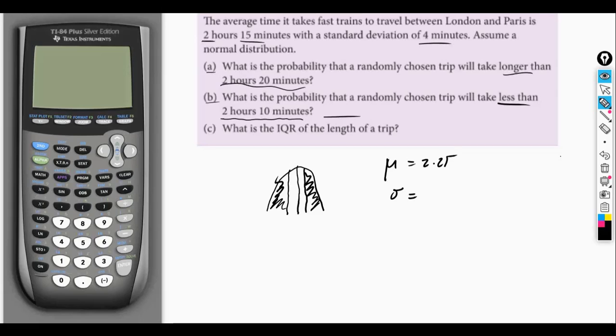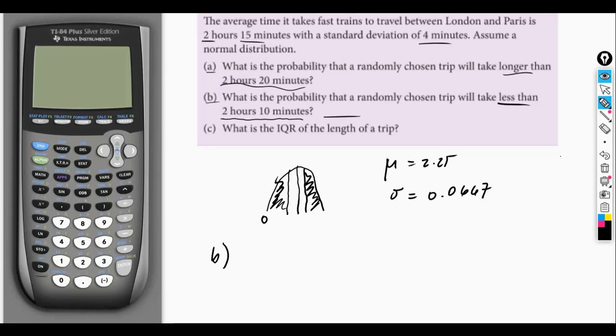So dividing 4 by 60, it's going to be 0.0667 hours. So we said we're going to do B first because it's easier to find the normal cumulative distribution function from left to right, because we can start with 0 and end at 2 hours and 10 minutes. So let's do B first.